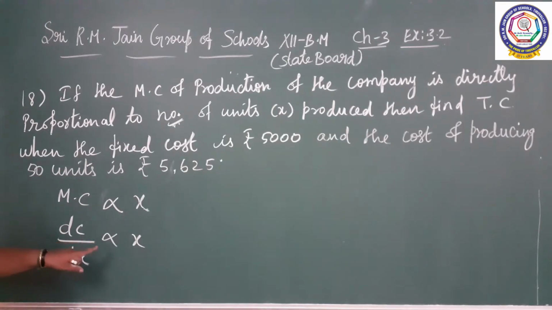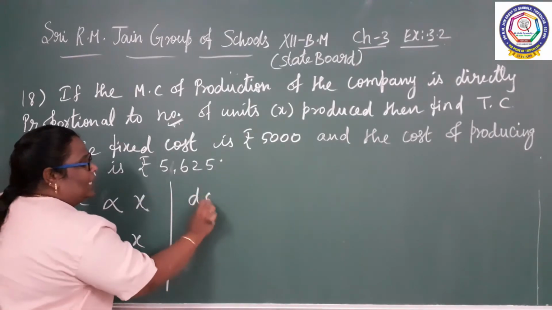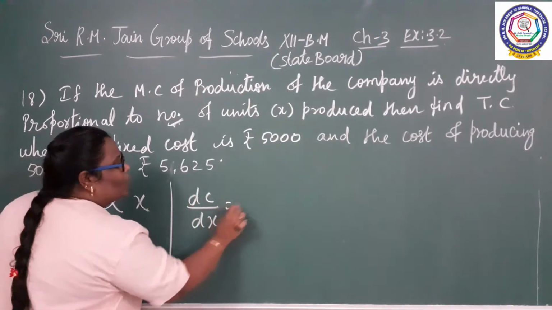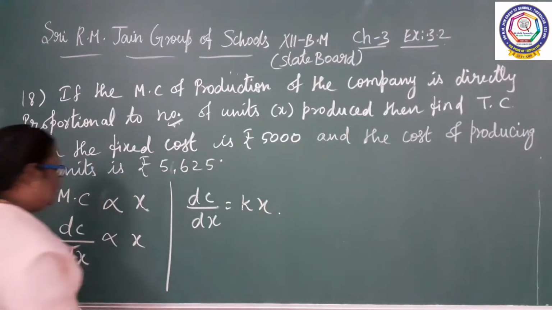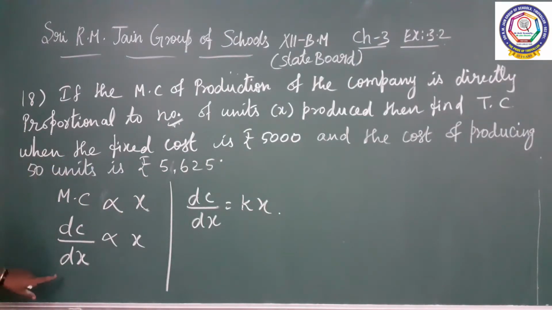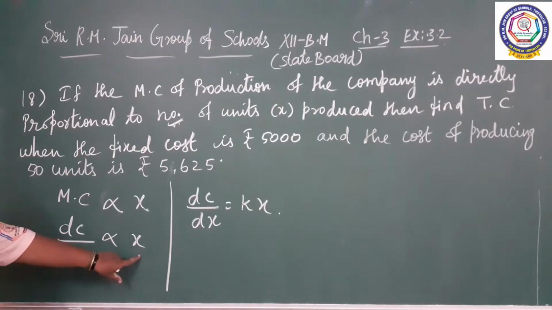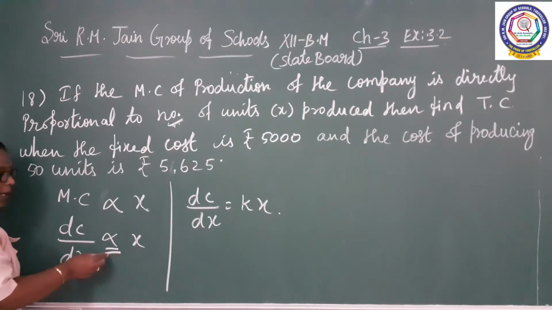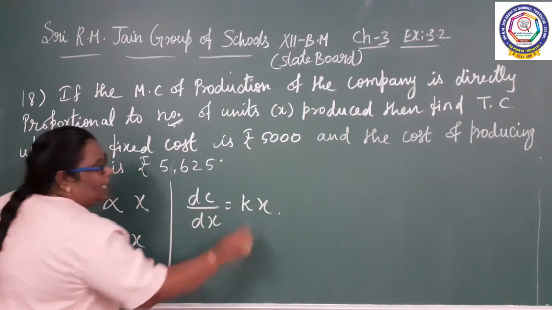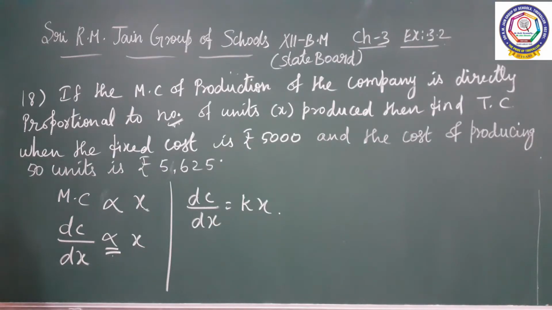When we remove that proportionality sign, we can include a constant. So how do we do it? dc by dx equal to k into x. When we remove the proportionality sign, you can put k, constant. dc by dx equal to k into x.